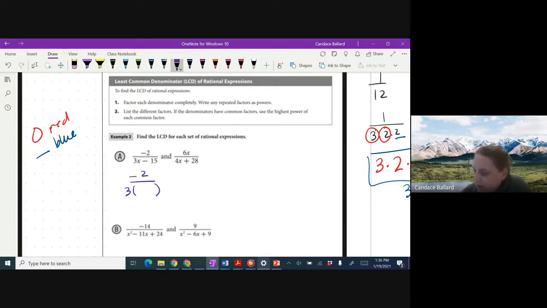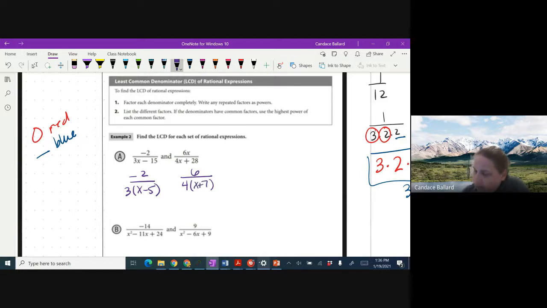Nice, x minus 5. And then in this other one, I'm going to pull the 4 out. What's left behind? All right, x plus 7.